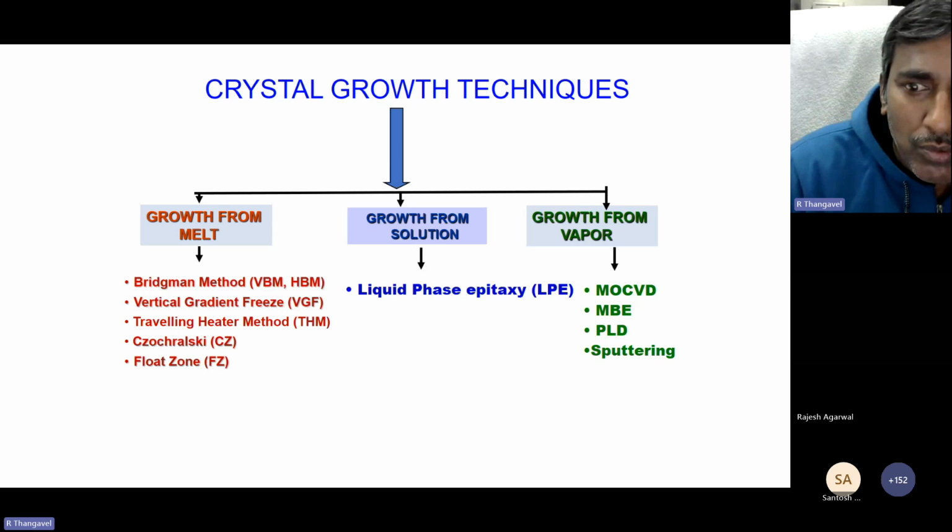After growing the boule, the silicon crystal can be cut, sliced by a wire saw. Then the wafer has to be fabricated for microelectronic circuits and devices.